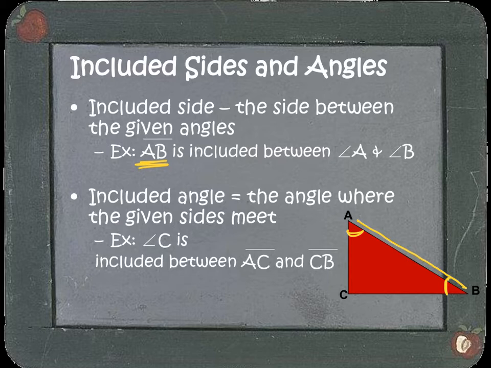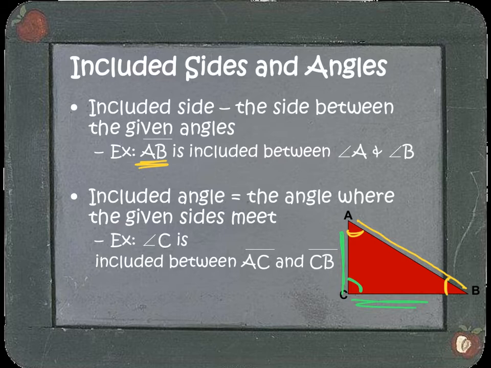For the included angle, that's going to be like angle C, and the sides that make it up, you would be given, say, sides AC and CB. So it's the angle that is in between the 2 sides that make the angle.